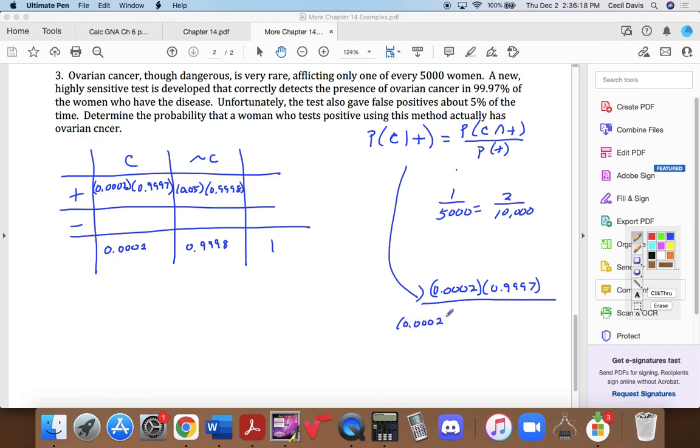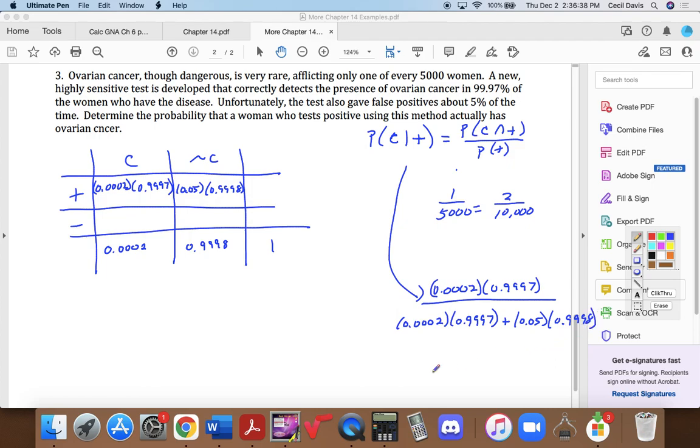0.0002 times 0.9997 plus 0.05 times 0.9998.